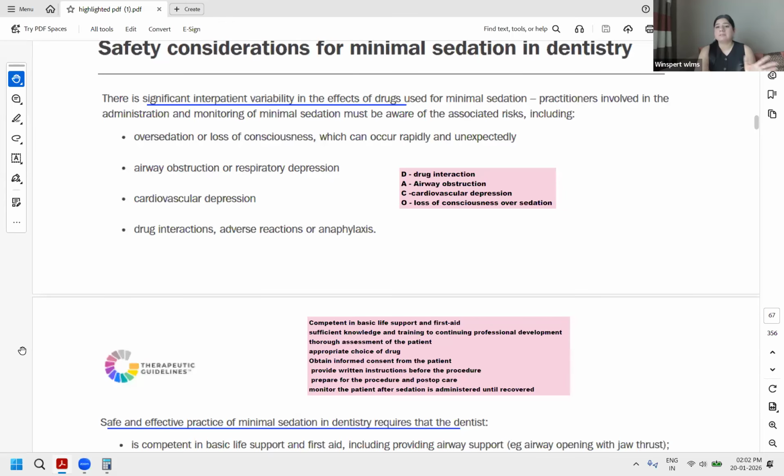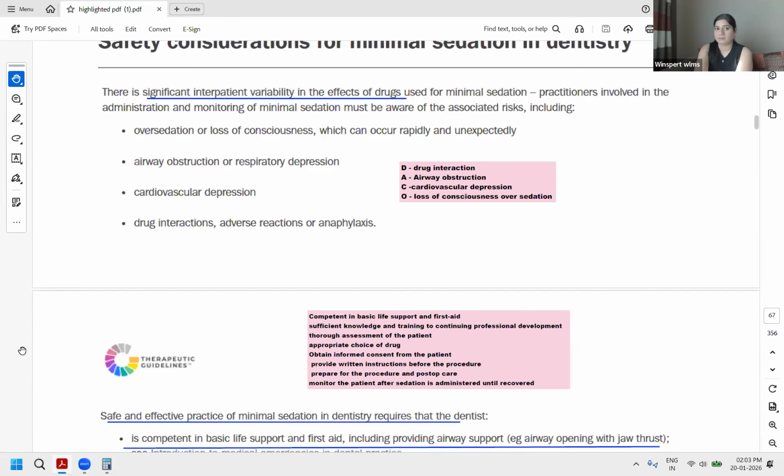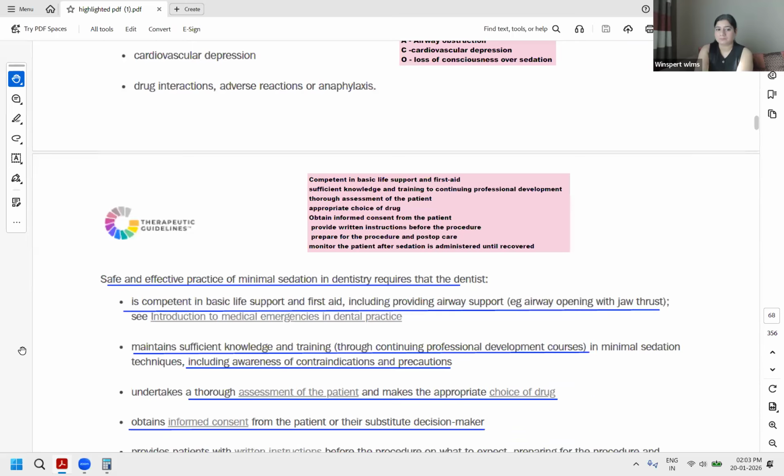Now for minimal sedation, there are certain safety considerations and adverse effects, as we discussed for every category of drug. There can be a risk of oversedation, drug interactions, airway obstruction, respiratory depression, and cardiovascular depression with all these methods, both oral BDCs as well as nitrous, if not monitored well and not done correctly.